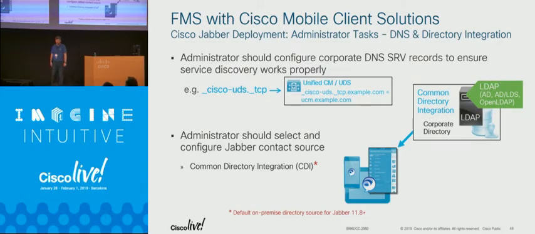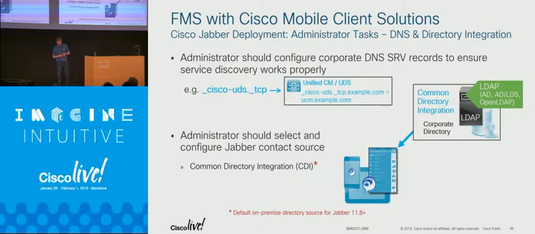The last thing we need to think about is directory integration. For Jabber, all of its communication and all of its capabilities really are focused around users, and so I need to have the ability to import users or contacts into the Jabber client so that I can actually communicate with people. And the way that we do that is through integrating Jabber with some form of directory. We have two methods for doing that.